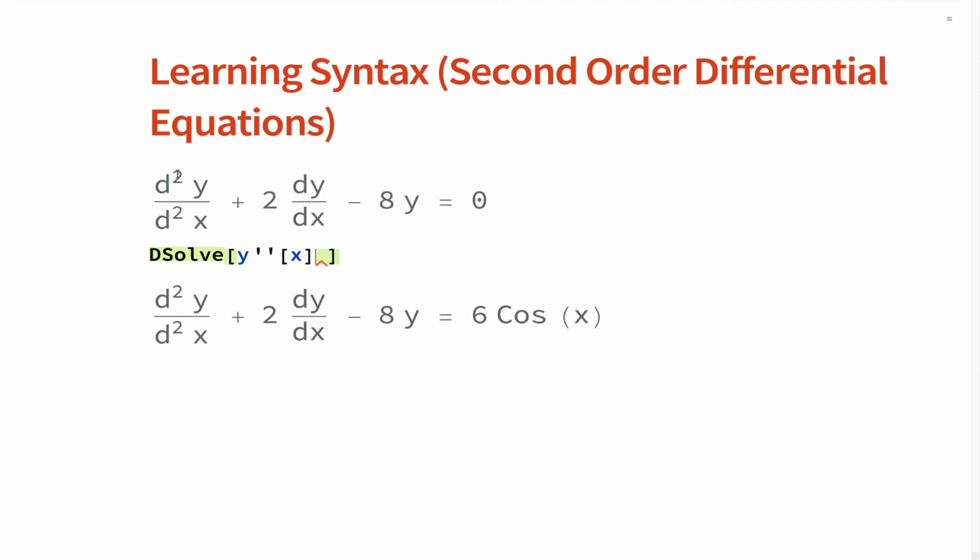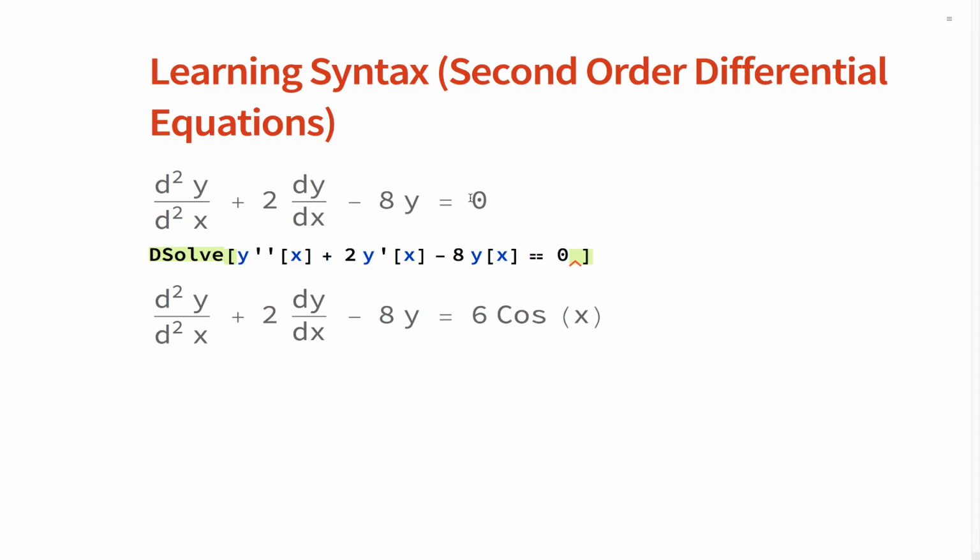If this was d cube, we would have put 3, but this is d square, so we put 2 times y double dash of x plus 2, this is dy by dx, that is y dash of x, minus 8y of x. Similarly, and then double equal sign, this is equal to 0.